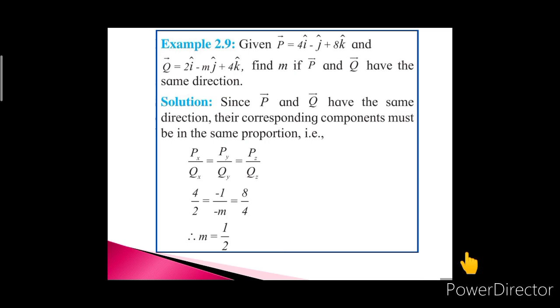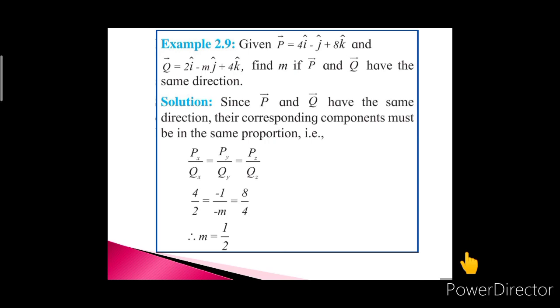So here in the given example, vector P is 4 i cap minus j cap plus 8 k cap, and vector Q is 2 i cap minus m j cap plus 4 k cap, and we had determined the value of m as half by the condition which is given over here, that vector P and vector Q have the same direction.